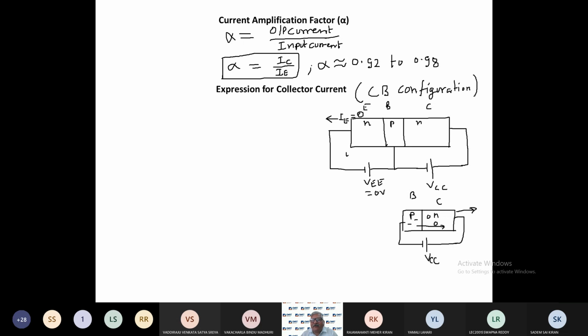So some current is there. And what is the name of this current? Do you remember? This is called leakage current, right? During the VI characteristic of the diode also we have seen this.